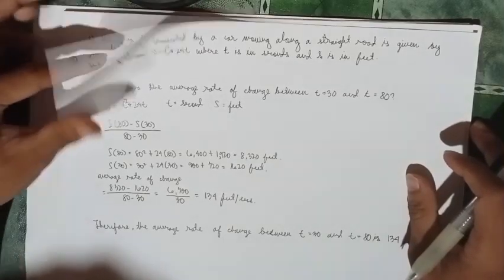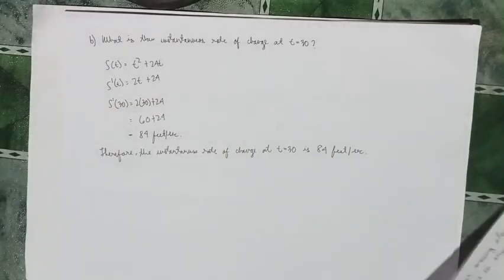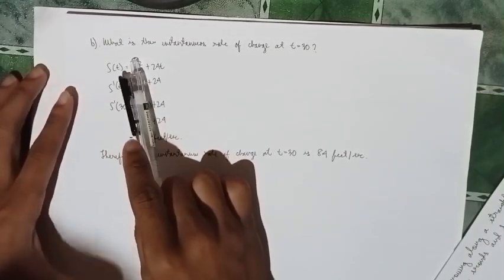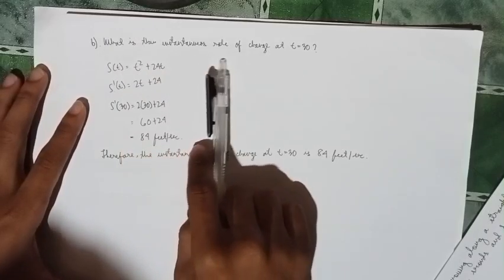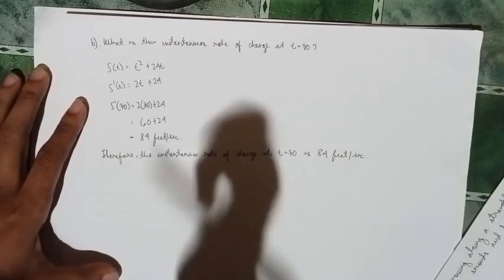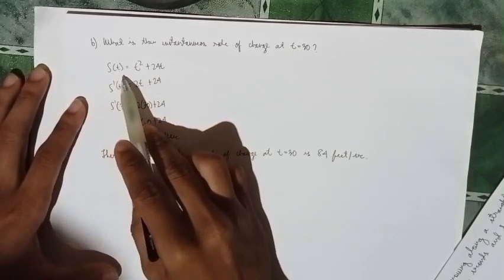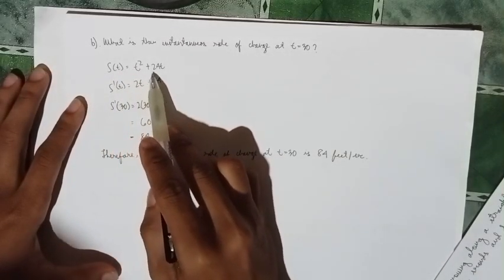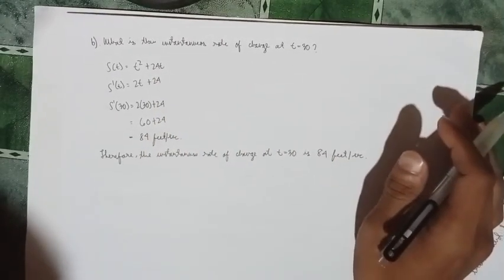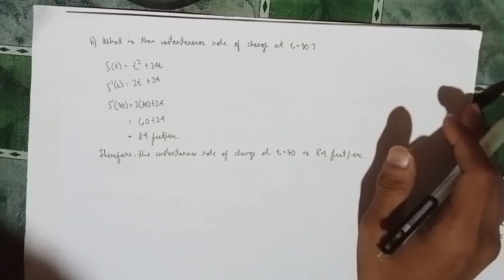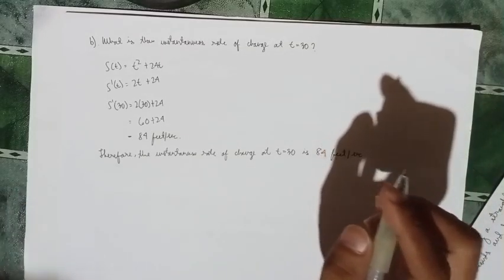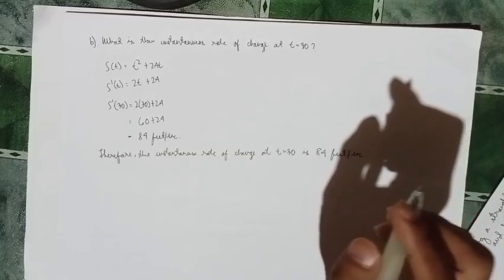B, the question here is: what is the instantaneous rate of change at t is equal to 30? So when s of t is equal to t squared plus 24t, we know that to find the instantaneous rate, we have to find the first derivative of the equation.